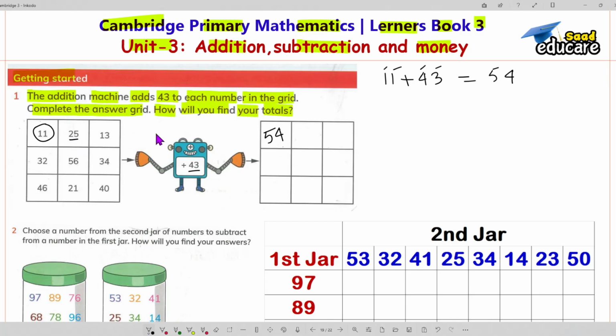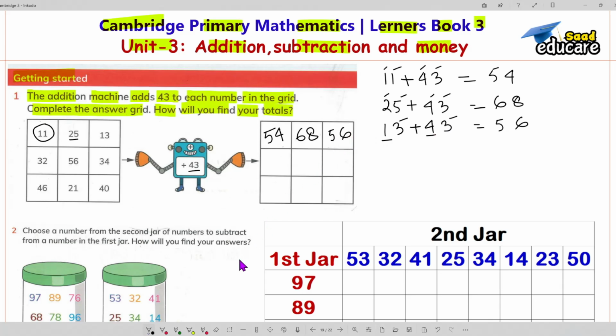Then 25 plus again 43. So 3 plus 5 is 8, 4 plus 2 is 6. So here is 68. Now 13 plus again 43, because the machine adds 43. So 3 plus 6 is 9, 4 plus 1 is 5.